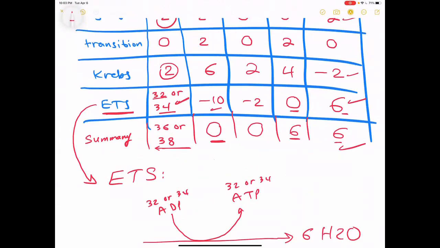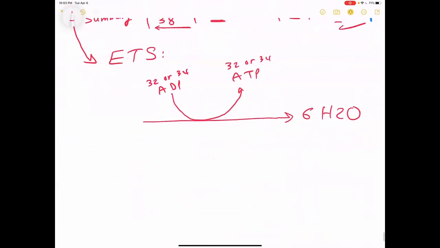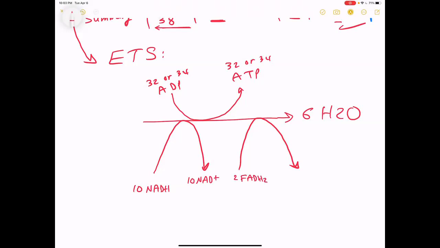Now let's take care of that negative 10, negative 2. So clearly, I'm doing something more or less like this. The 10 NADH I generated are being oxidized into 10 NAD plus, and the 2 FADH2 I generated are being oxidized into 2 FAD.